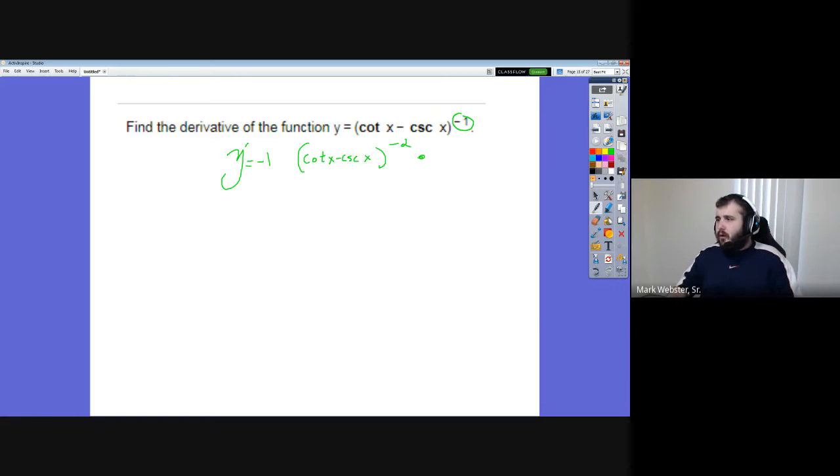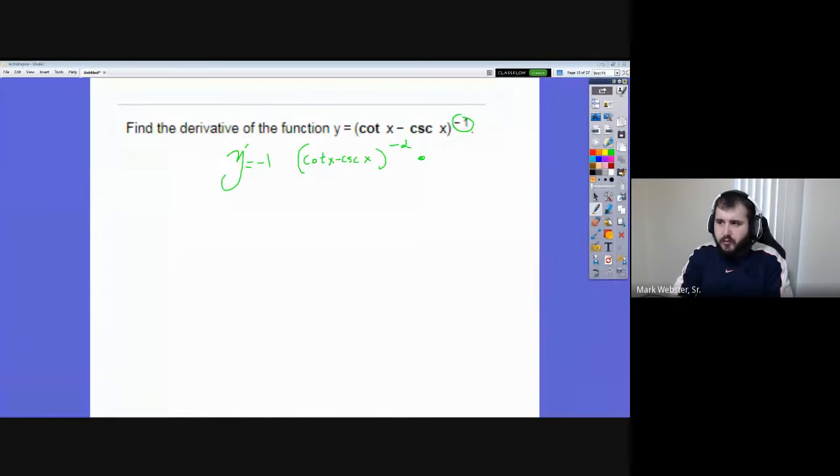Now, once again, like I said, I don't memorize these because it's hard to memorize, I think, sometimes. It's difficult.